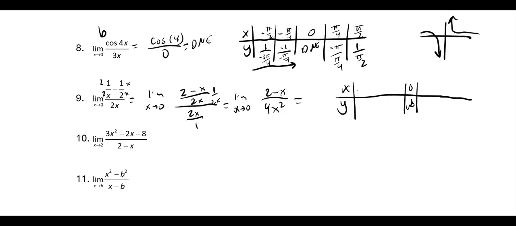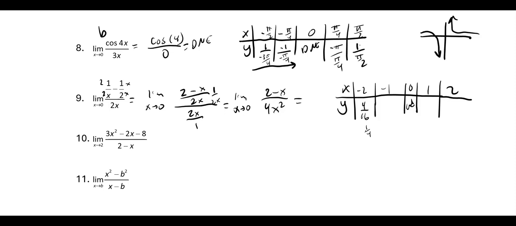So I'm going to check the left. From the left, so -2, if I plug in -2, 2 minus -2 is 2 plus 2, so 4 over 16, which of course we know that's 1/4.